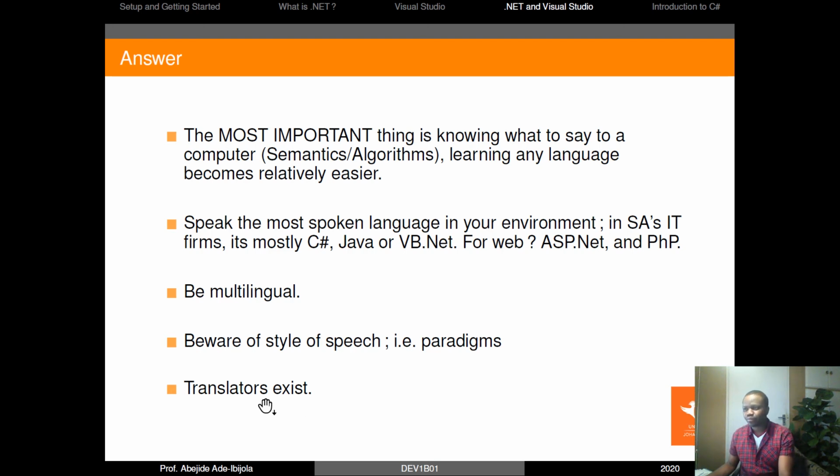So what that means is that you don't have to actually learn a new language every time.